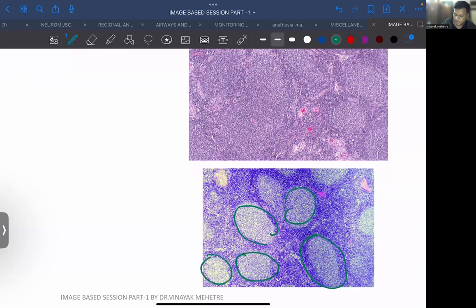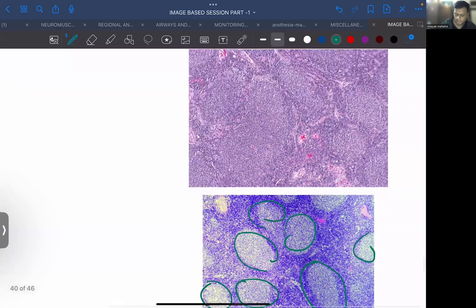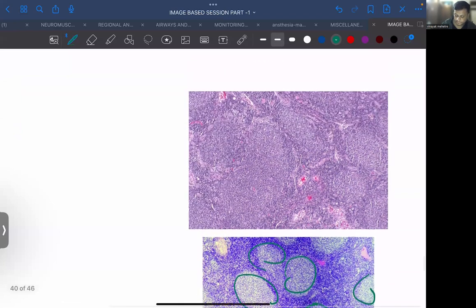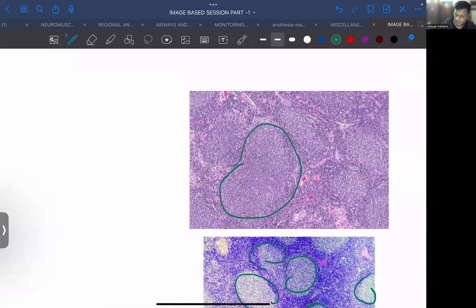It looks like a cell with a bigger follicle, right? एक बड़ा follicle दिख रहा है. Now you will think ये तो ऐसे दिख रहा है जैसे नोडुलर स्क्लेरोसिस दिख रहा था, right?